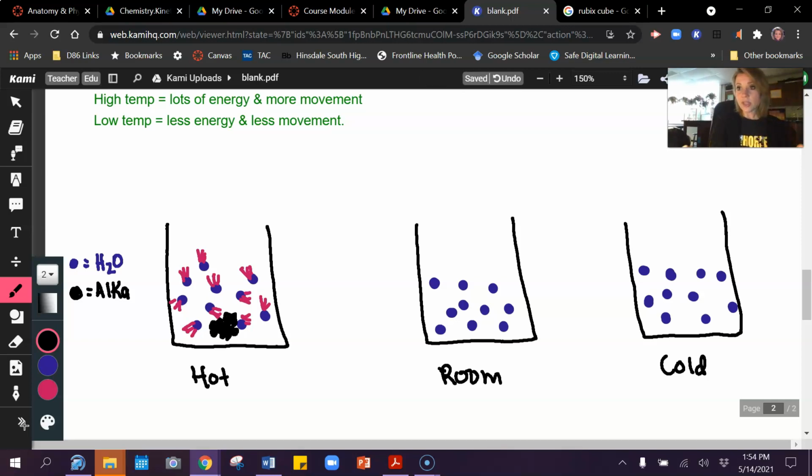And so now that these water molecules are zooming around really, really fast, they are going to collide with my Alka-Seltzer tablet more times, but also with greater force. And that's going to cause the reaction rate to happen faster.